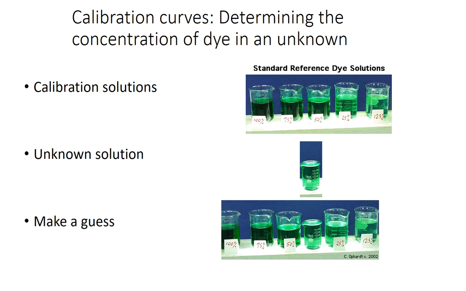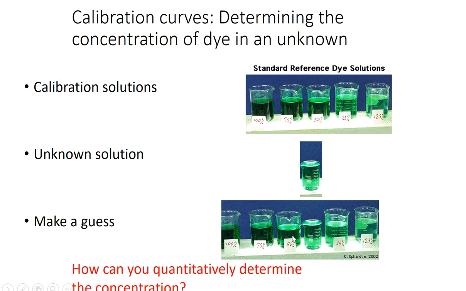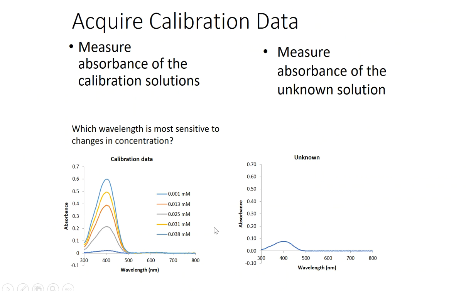So what we need to do is measure some property that responds to the amount of dye, and absorbance is a good candidate for that if we want to quantitatively determine the concentration. So let's measure the absorbance spectrum for all of the standards. So here are the concentrations of the standards, and we pick a wavelength that's sensitive to changes in that concentration.